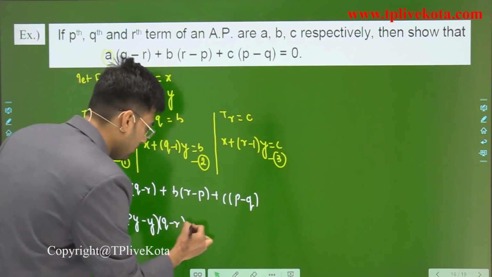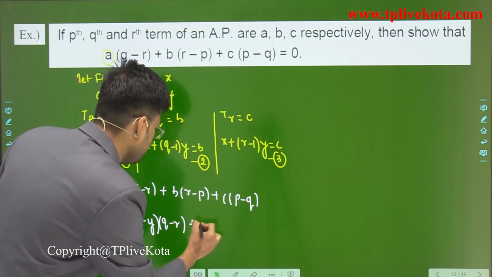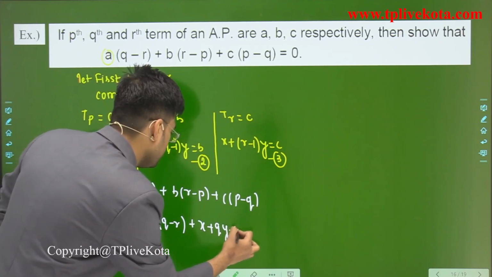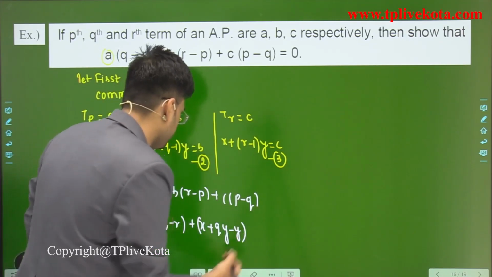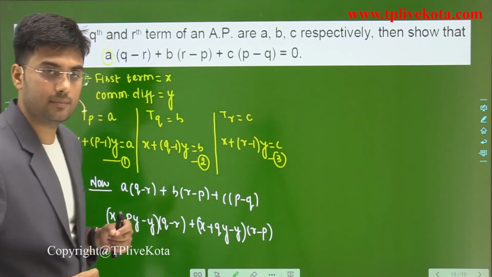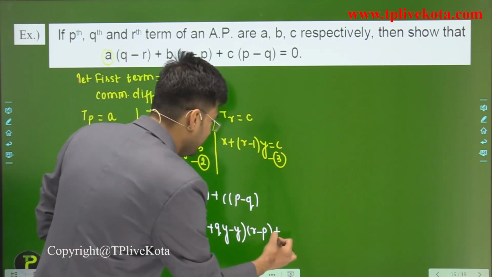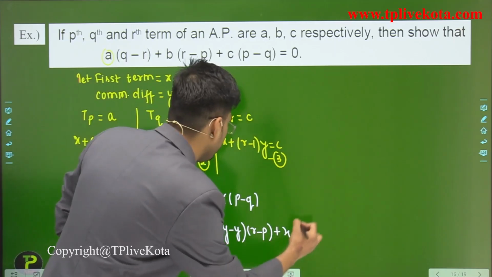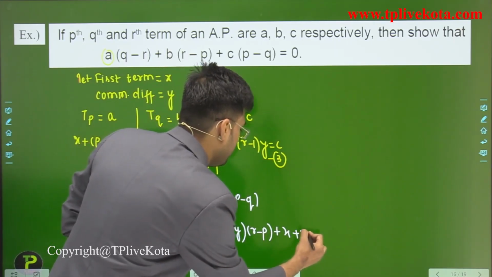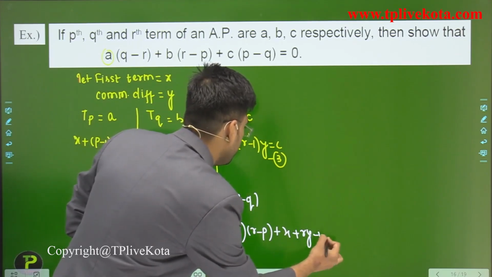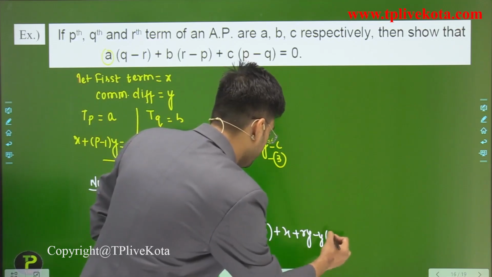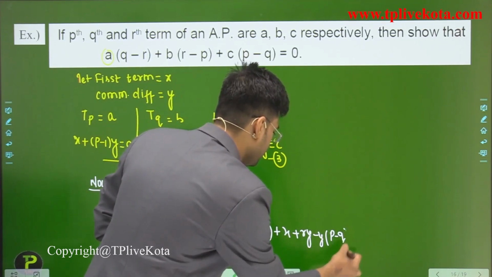Okay, now B is (x plus Qy minus y) multiplied by (R minus P). Clear? Plus C is (x plus Ry minus y) multiplied by (P minus Q).